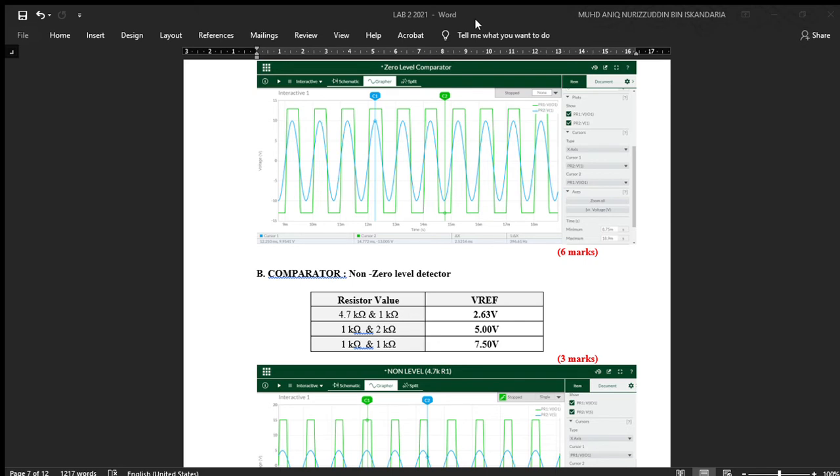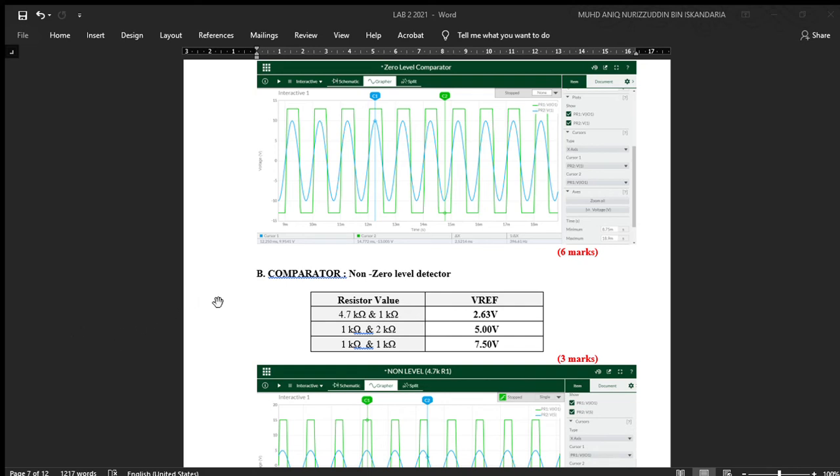Now for the summing amplifier, it can add the two voltage sources, which is called summing. It's adding up the voltage of the amplifier and of the source. So we have two sources, 1 volt and 1 volt.